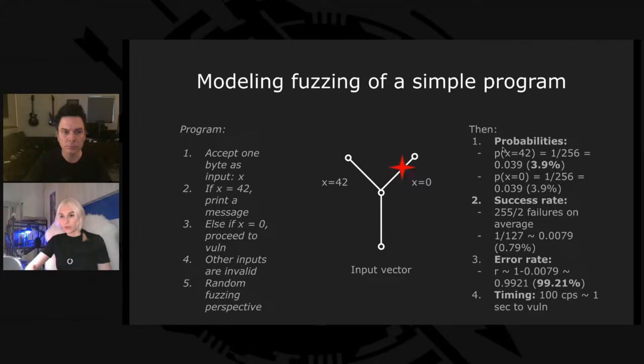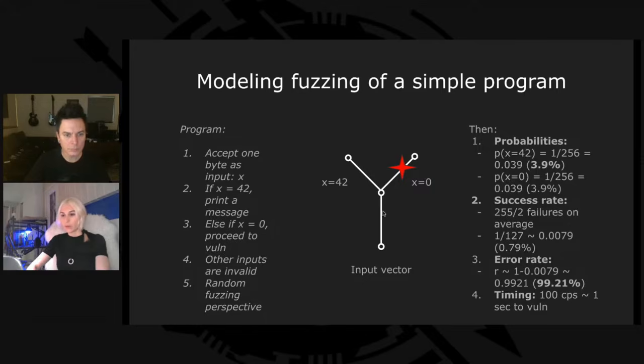The first thing we want to see here is the probability of the fuzzer reaching each particular branch. The probability of this one branch, as shown here, will be around 4%. The probability will be 0.039, which is around 3.9%.